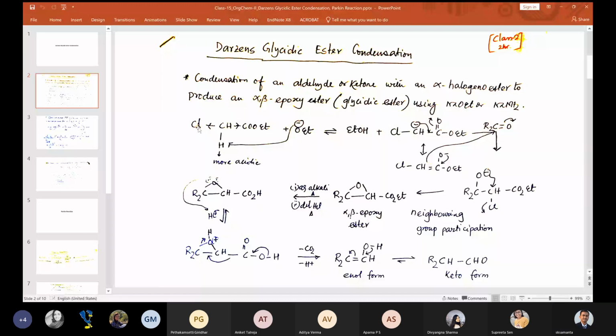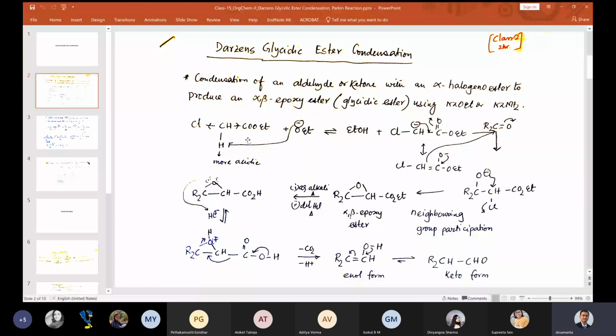Okay, do you see this now? We just replace one hydrogen with one chlorine, and you see that the entire course of the reaction changes. Of course, in this case, we are not doing a self condensation, but we are taking another aldehyde or ketone.